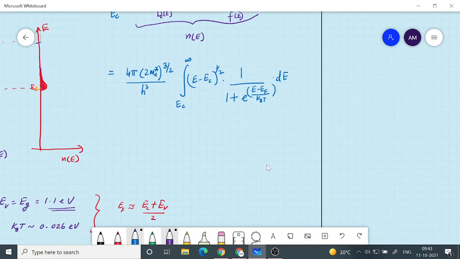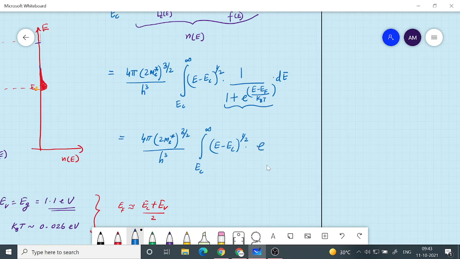So this is equal to 4 pi, these are all constant, me star all raised to 3 by 2 over h cube, then integral EC to infinity, E minus EC all raised to half, into this one I am going to write as e raised to minus E minus EF by KBT, dE.